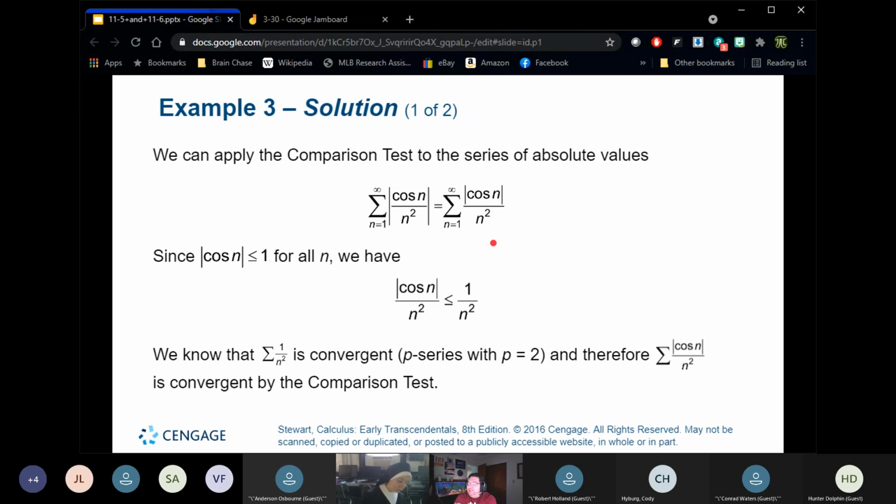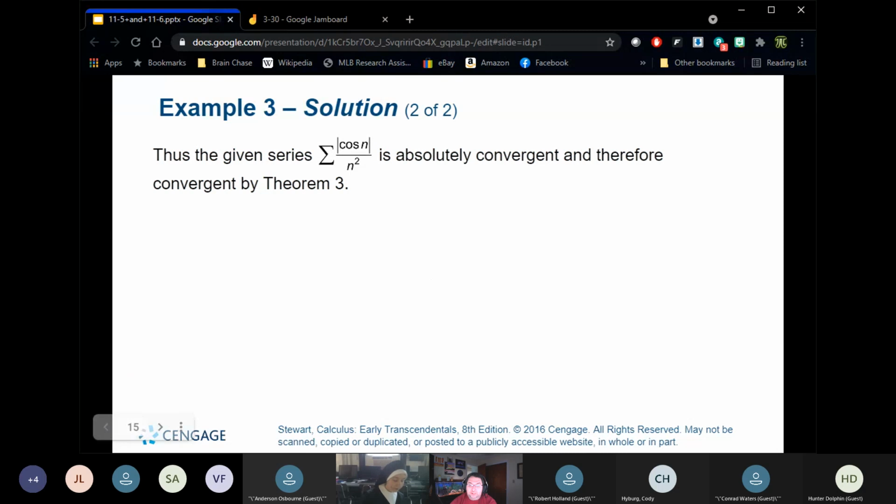And since cosine of n over n^2 is less than it, I know it's convergent because of the comparison test that we looked at last week. And since it's convergent there, it's absolutely convergent. So the original series, cosine of n over n^2, is also convergent.